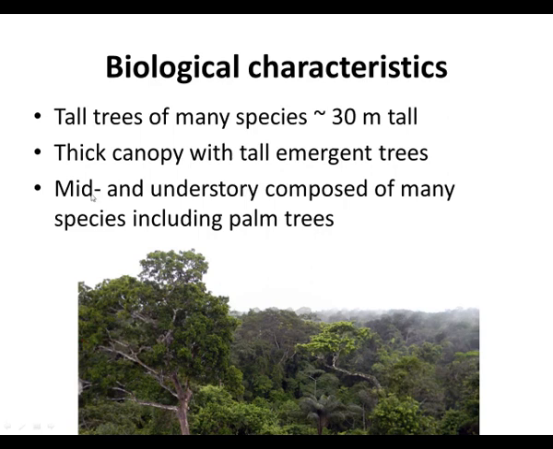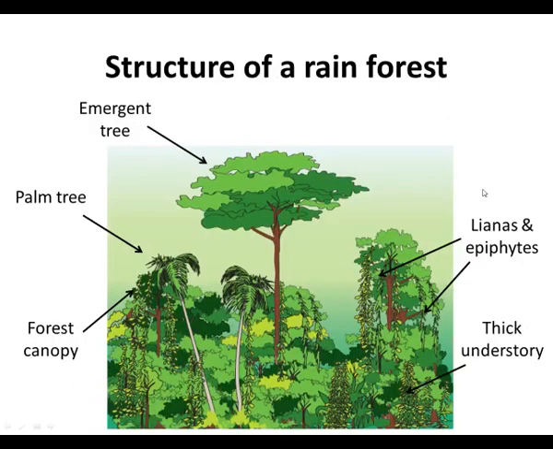And if you think about the mid and understory, they are composed of many trees, including palm trees. Let's have a look at the cross section. In this illustration, we can see that rainforests are full of trees and other vegetation.